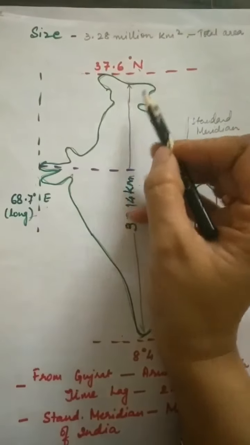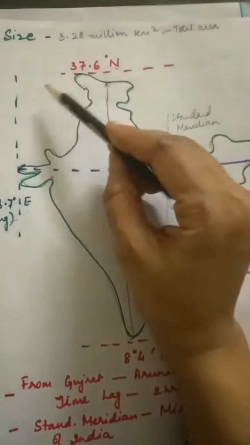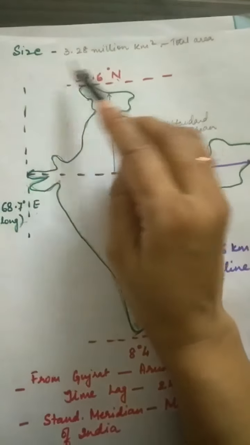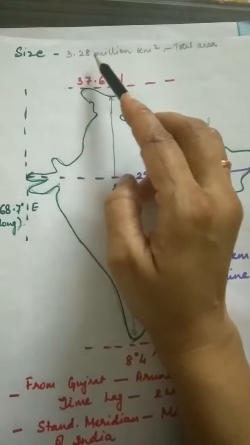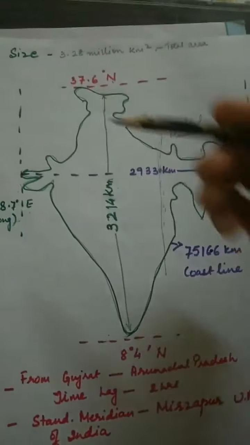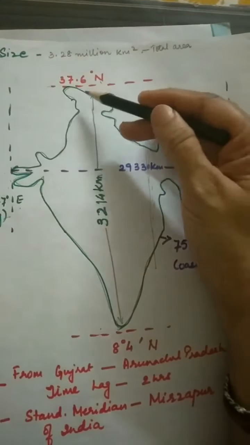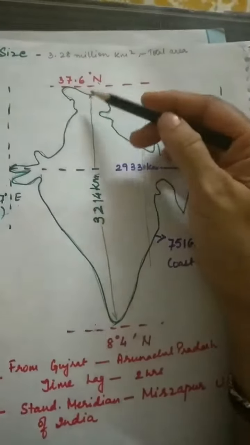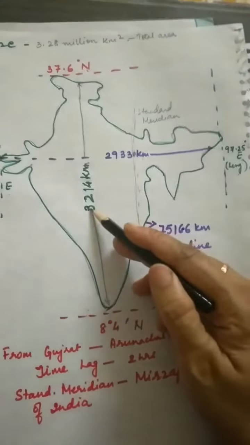Students, I have a rough map of India, and as we were discussing the size, India has a total area of 3.28 million square kilometers. India stretches from north to south, that is from Kashmir to Kanyakumari, for 3,214 kilometers.